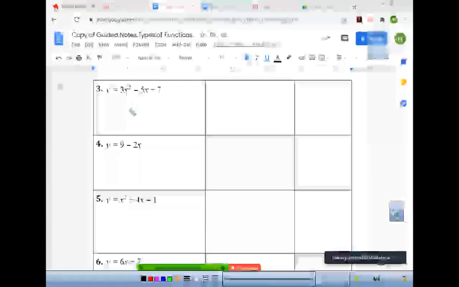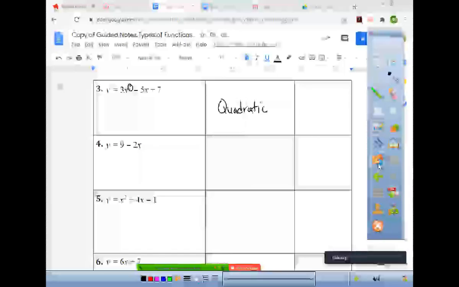The key thing that makes anything quadratic is having an exponent of 2. If it has a highest exponent of 2 for the variable, that makes it quadratic. All right, but yes, it does look a little more complicated than the other ones. And so this one is quadratic.